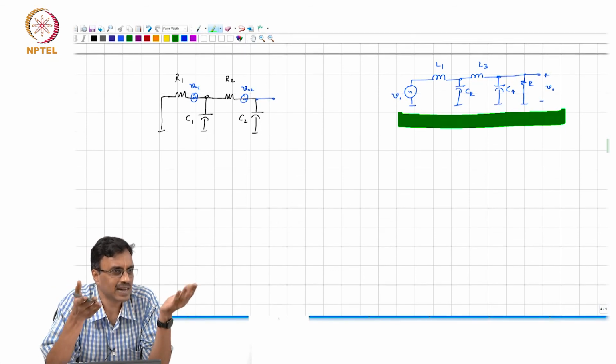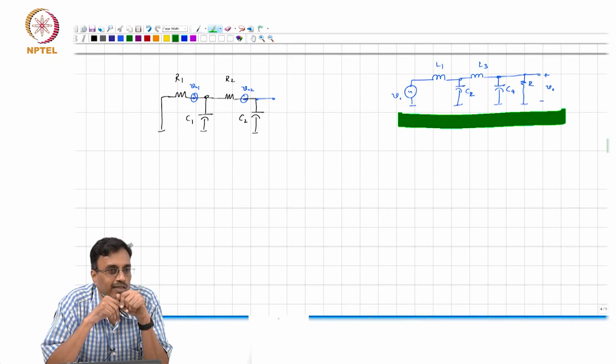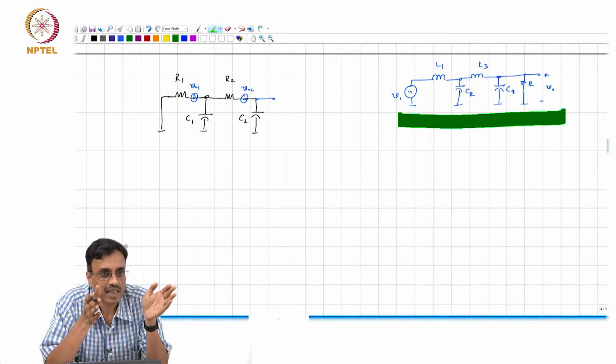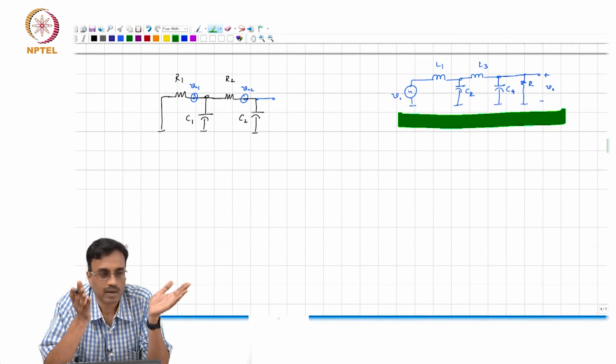I mean, all of you understand that there is a lot more information in the exact shape of the curve than in the area. Is this clear, people?